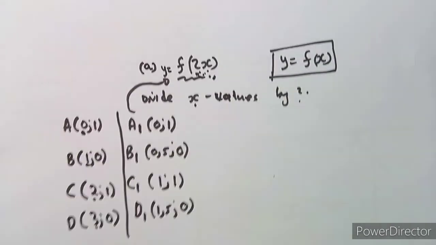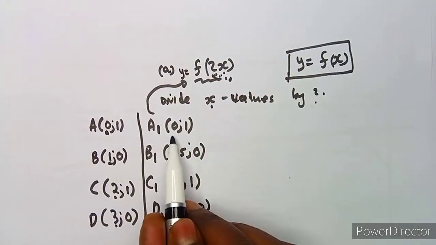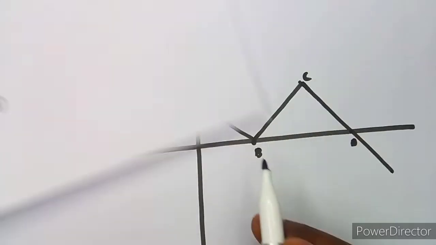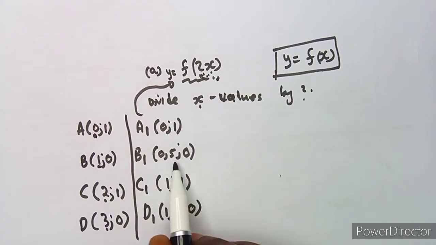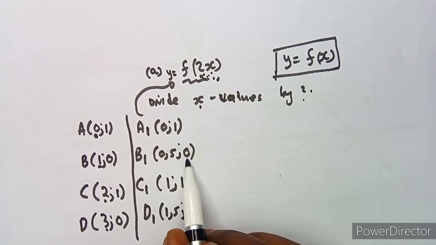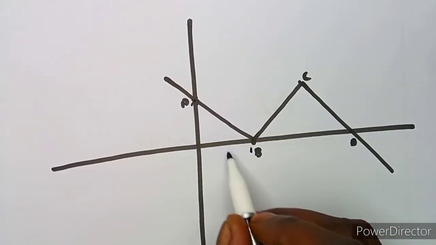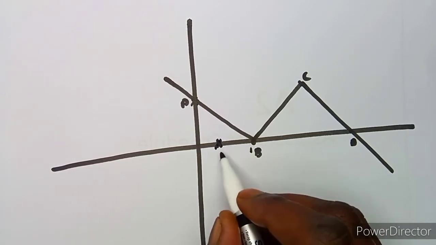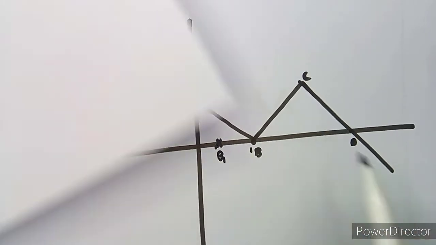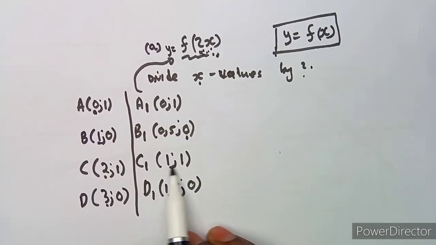Our A is going to remain where it was because there's no effect, so it remains here. Then our B1 is now at (0.5, 0), where this was your 1, so (0.5, 0) is maybe somewhere here. Our C1 is going to be (1, 1).